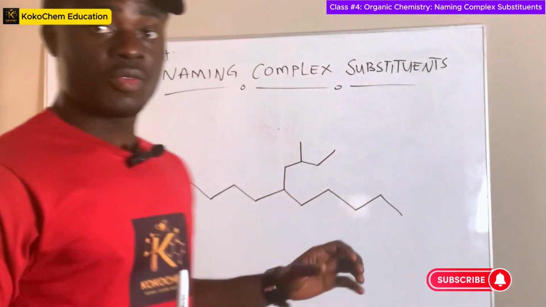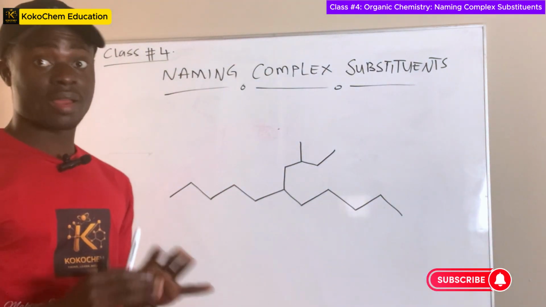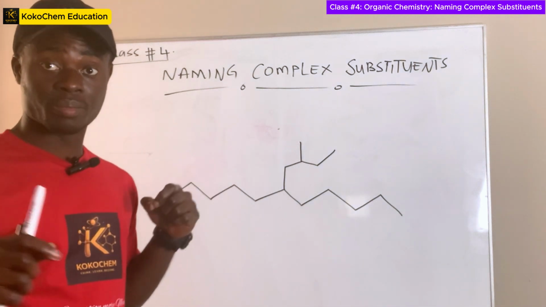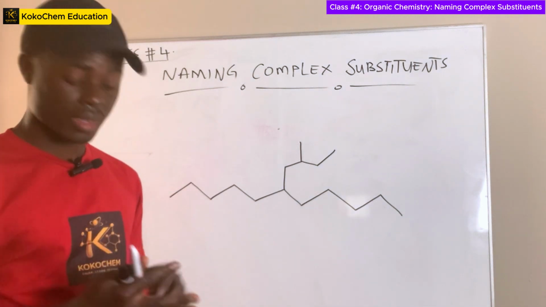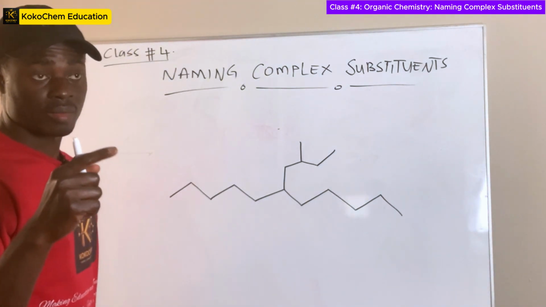Say if you get a compound like this, right? Everybody knows say the longest chain will be the parent chain. Okay, so if you don't know, go check the previous videos.